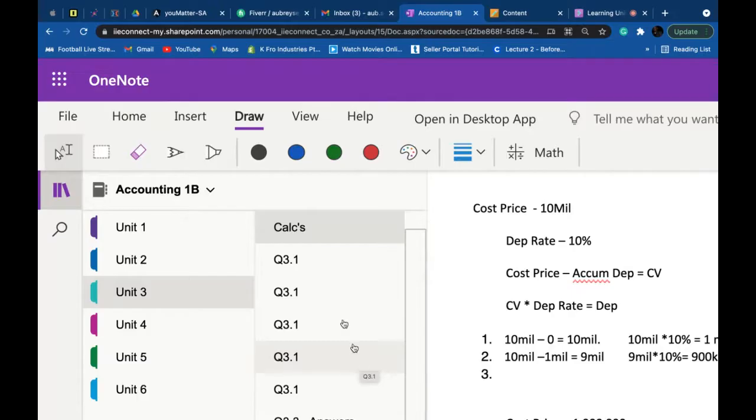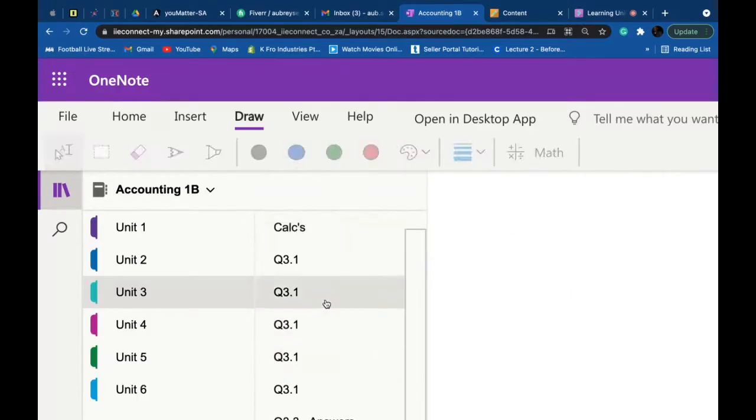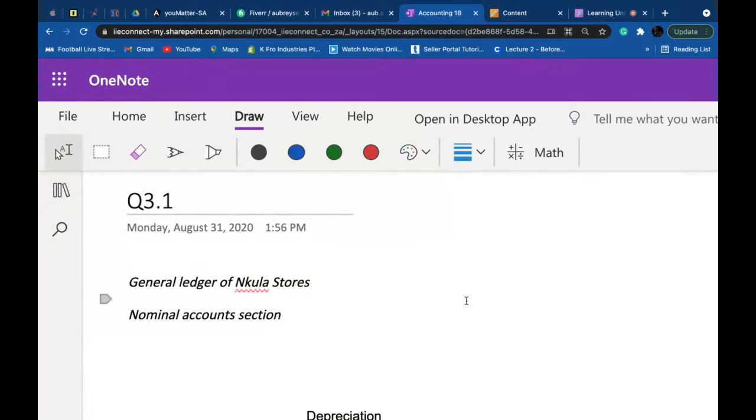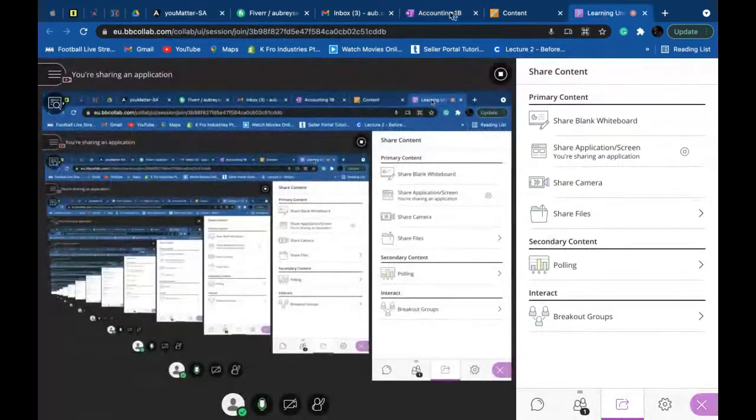Let's then go to exercise 3.1. If you can quickly take a picture of that and share it on the WhatsApp group so that all of us can follow question 3.1. It's very short, actually. You can also take a picture of 3.3 while you're at it.